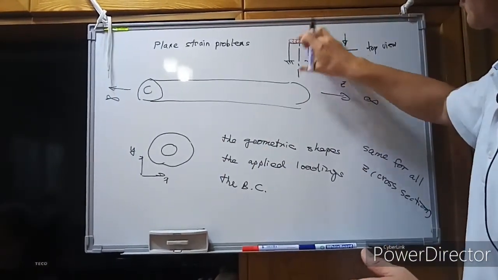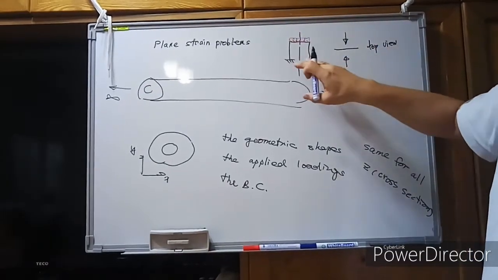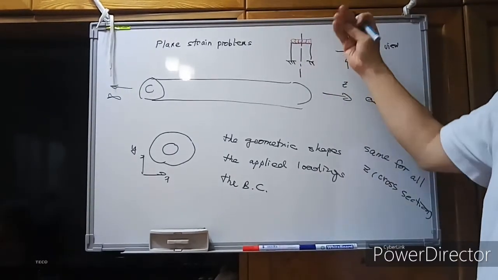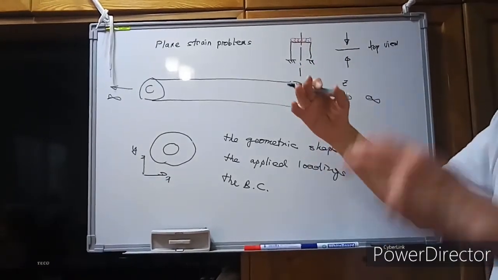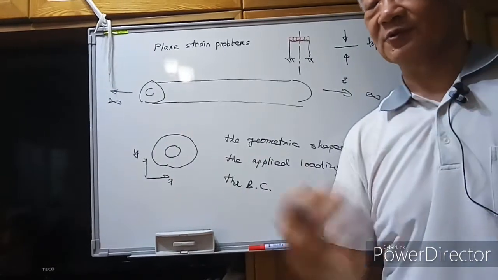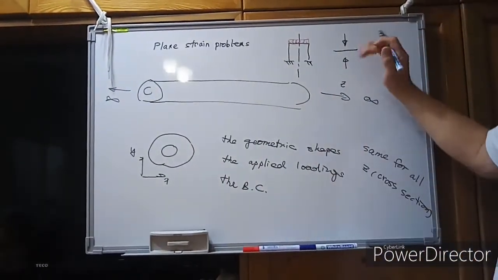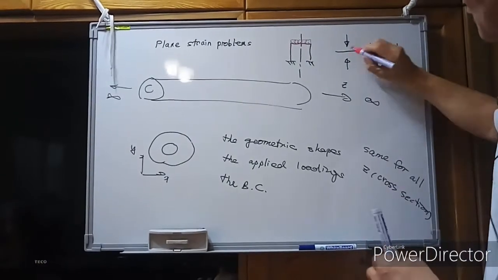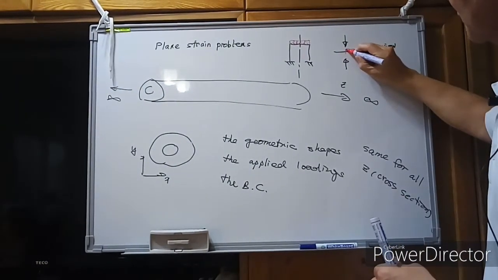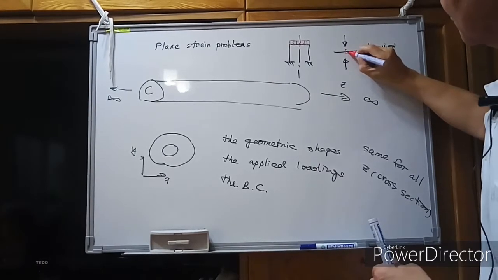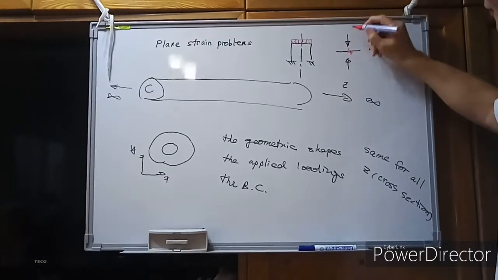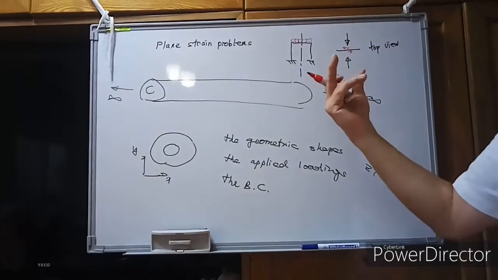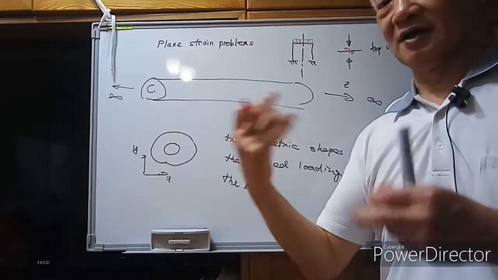The structure shape, the applied loading, and the boundary conditions are exactly the same from this direction or the opposite direction. So if you say there is a non-zero displacement, for example to the right, then from the opposite view you will also say the displacement is to the right, and you will find it contradictory.